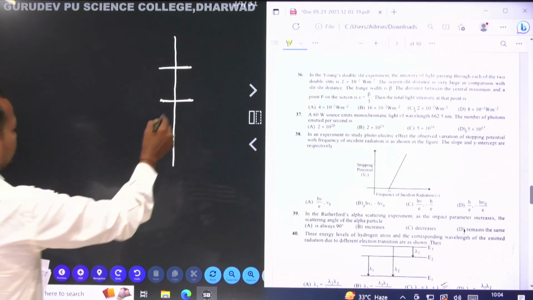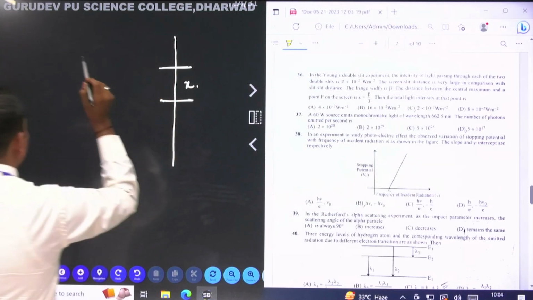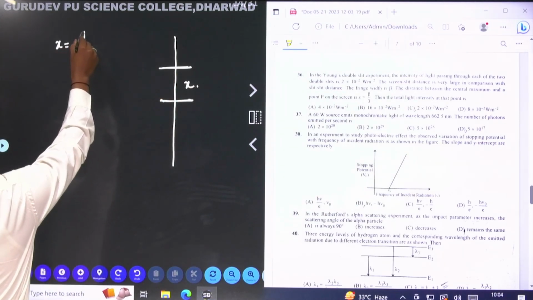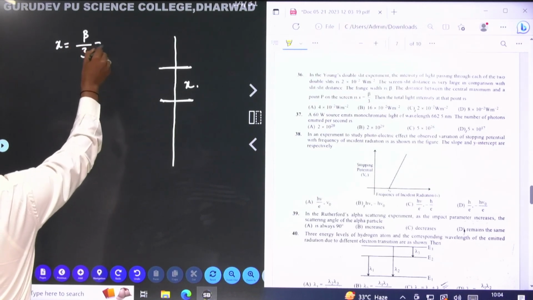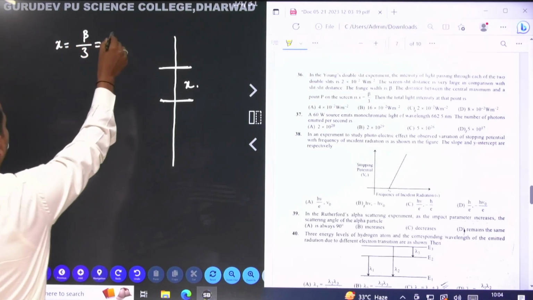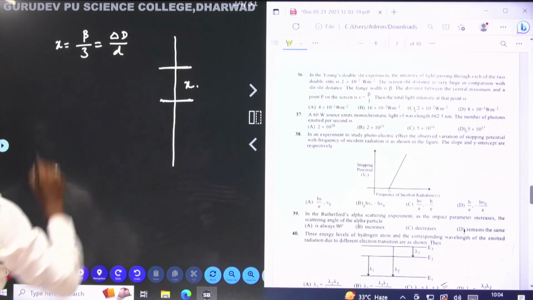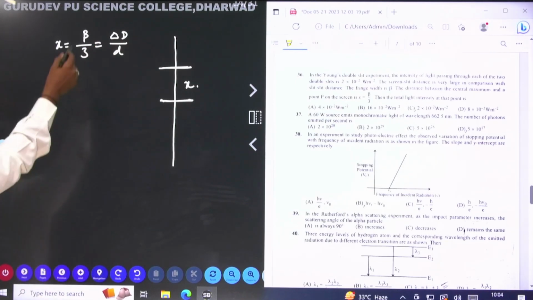This distance they have given as x, and x is given as beta by 3, and we write this x as delta d by d.